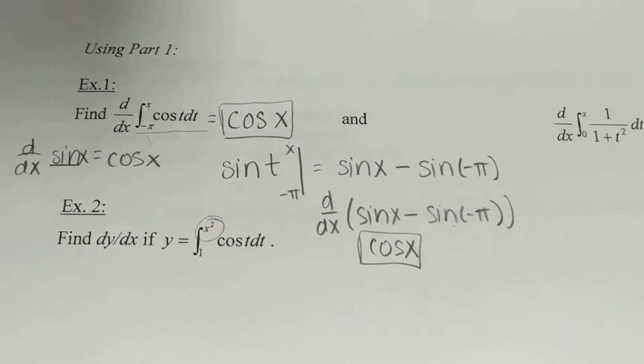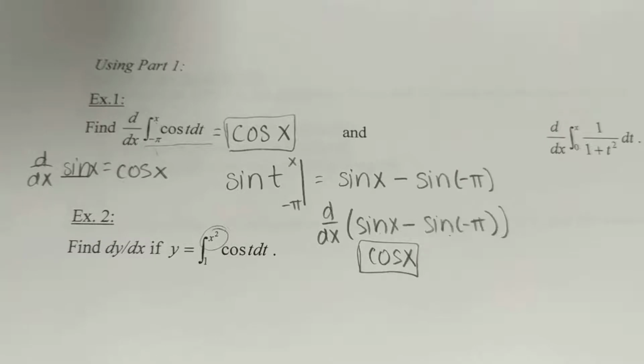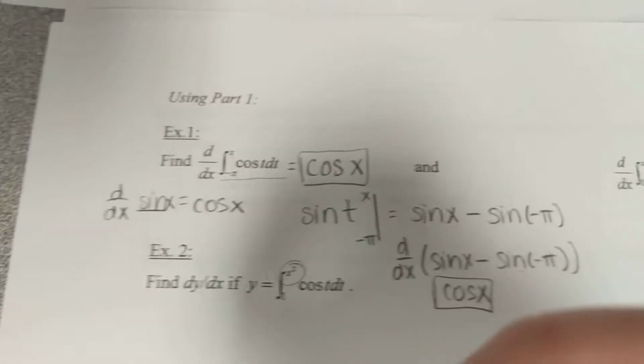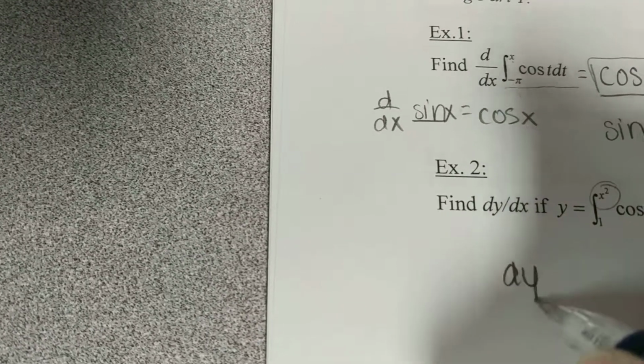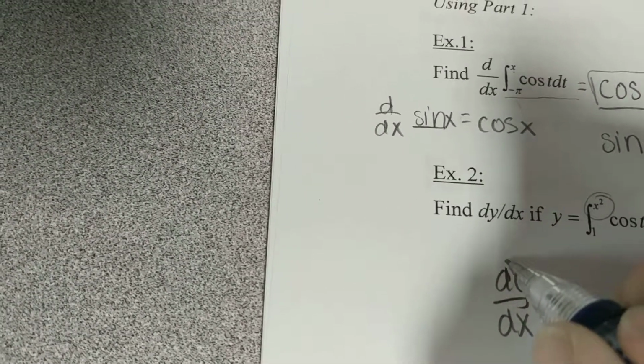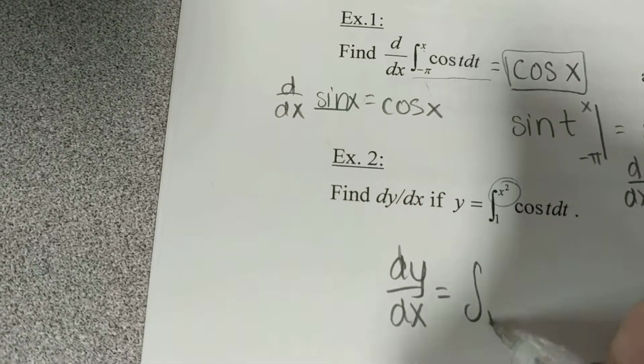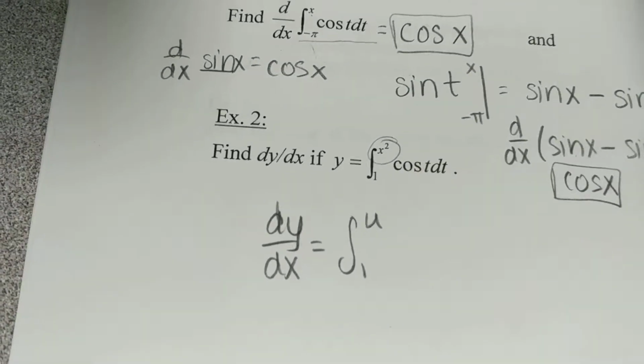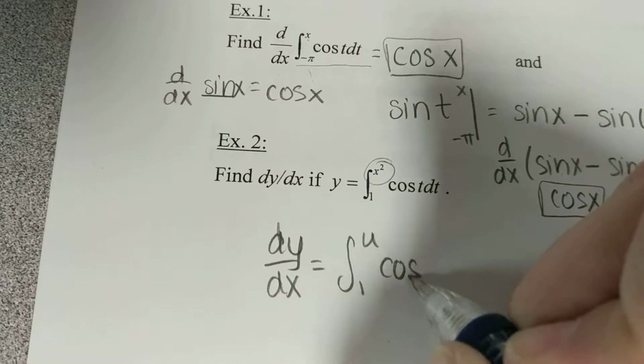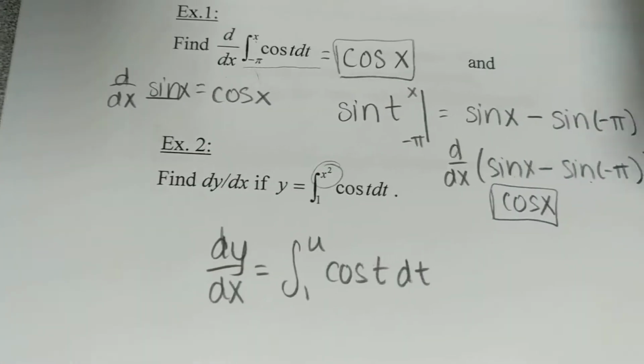So this is where we have to do a chain rule. Now we've got a function inside of another function. So if I'm going to do the derivative of y with respect to x, I'm going to have to rewrite this to be from 1 to u of cosine of t dt.